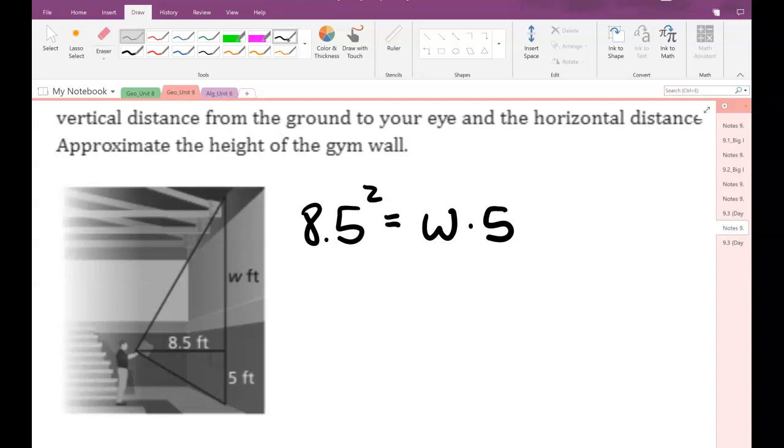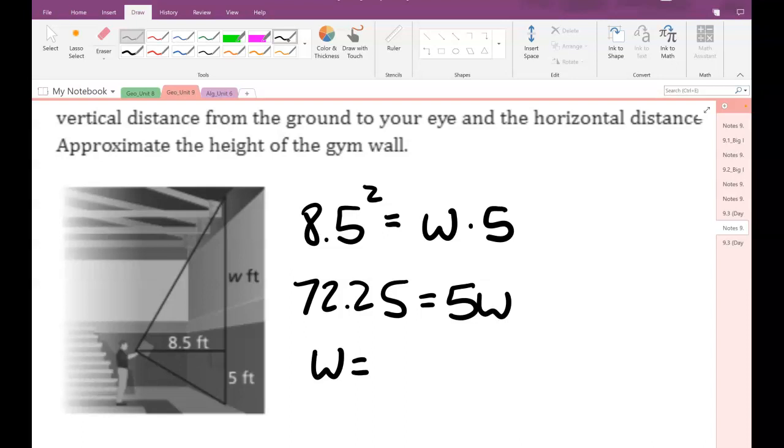And then if I take 8.5 squared, what is it, 72.25 is equal to 5W. And then you divide each side by 5. So W is equal to 14.45.